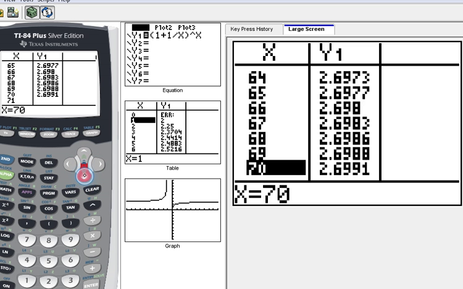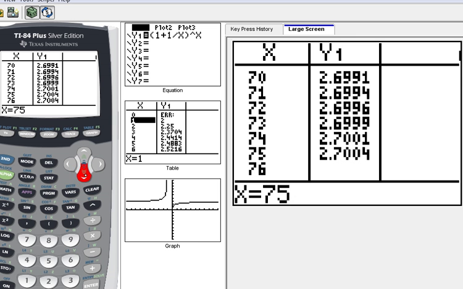Oh, it's going even slower now. Look how long this is taking, right? Oh, there we go, 2.70. And it's stuck because I'm freaking out on it. I'm not touching it anymore. You guys look at that red go. Let's try this. Second, table set. I might have just froze my calculator by pushing too many buttons on the screen.